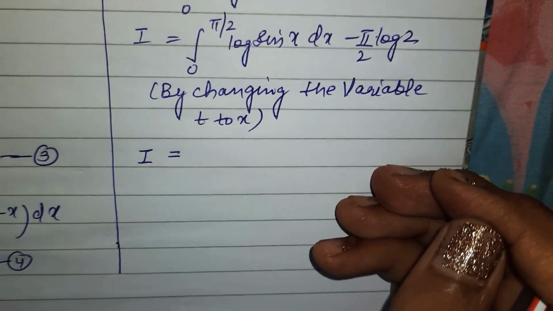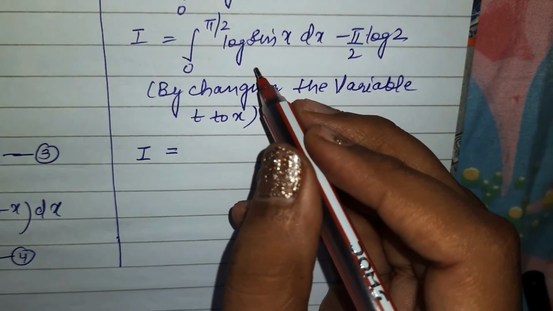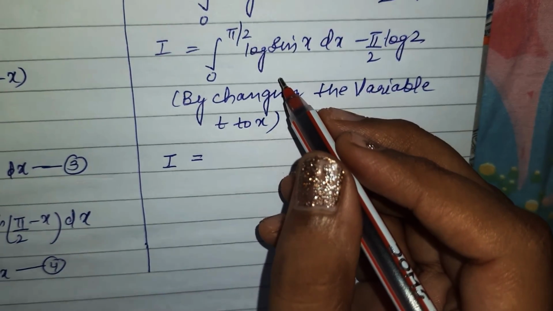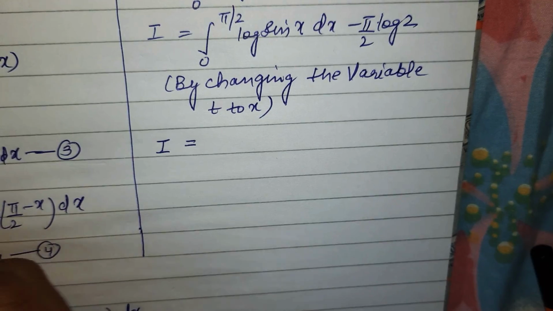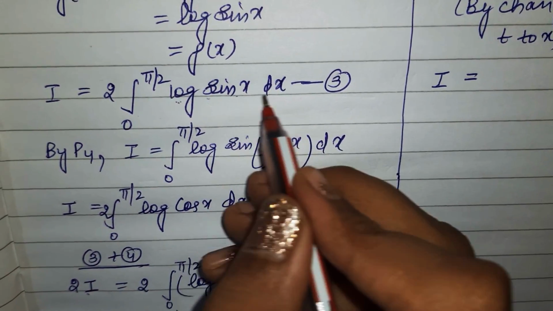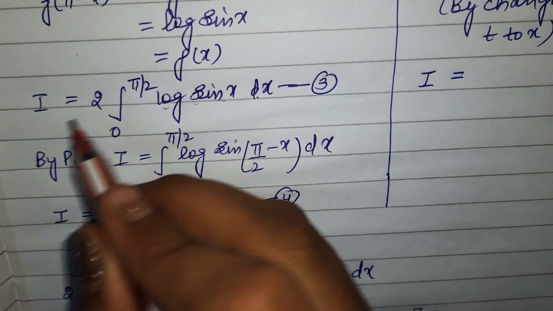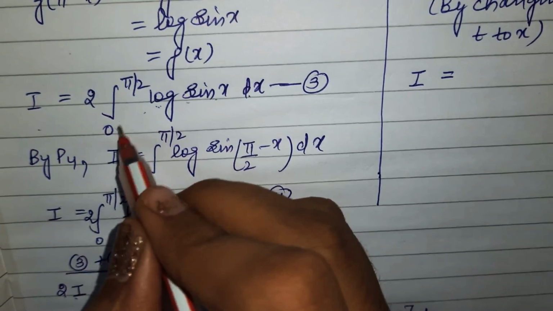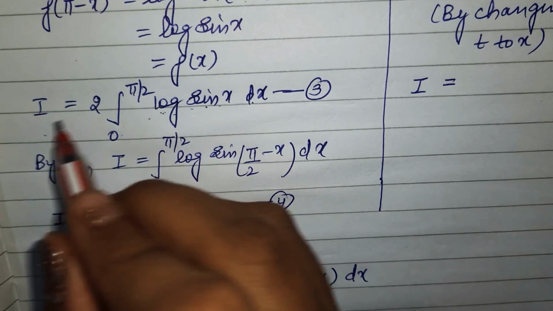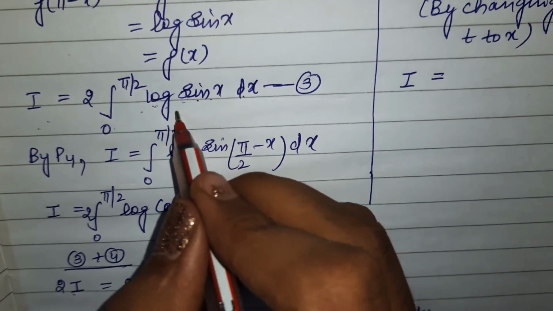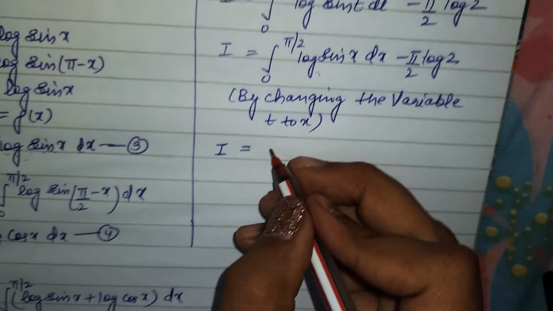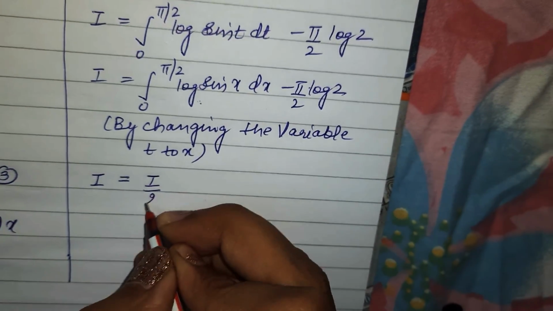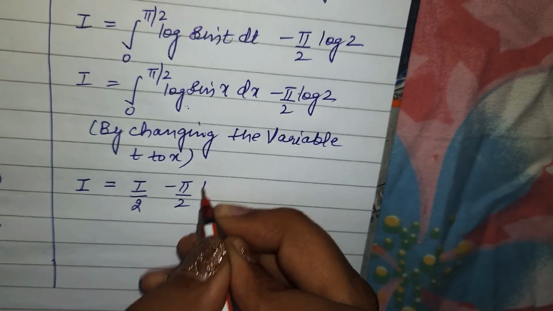Now come to equation number 3. What is your equation number 3? The integral of log sin x dx, I by 2, is equivalent to the integral from 0 to pi by 2 of log sin x. So this I by 2 is the same as this log sin x. So by 3 I can write this as I by 2 minus pi by 2 log 2.